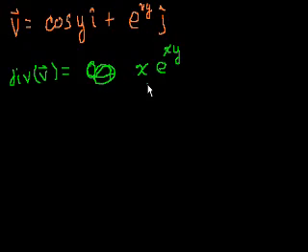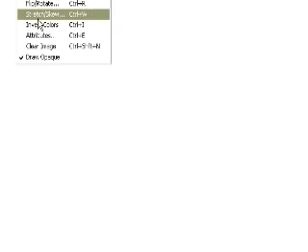So let's get a little bit of intuition of what a divergence actually is. Let's do it in 2 dimensions, but I'll make it constant in the y. So let me erase this. I'll probably need some space.